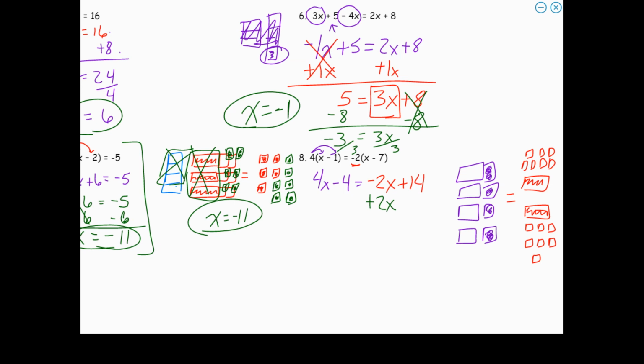So now I want to get all my x's to the same side. So to cancel out my negative 2x's, I need to add 2x's. So over here, it would show 2 positive x's on both sides. Those cancel. Did it cancel any of my x's on the other side? No, right? It just canceled these. So I have 6 x's over there now.